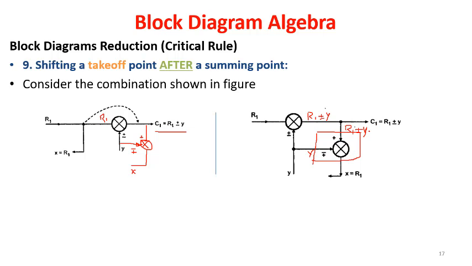So what will happen? This will get summed here. During summation, R1 plus or minus Y gets summed with minus plus Y, which both get cancelled, and the output here will be only the remaining R1, which is what was in the previous condition. That has to sustain. That is what we are going to get here.